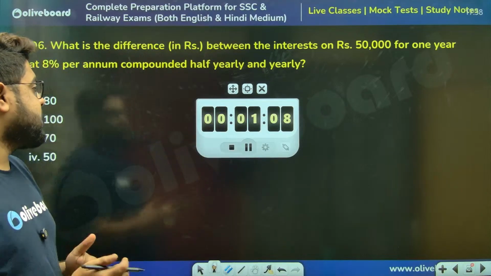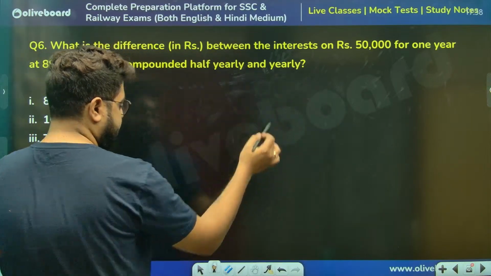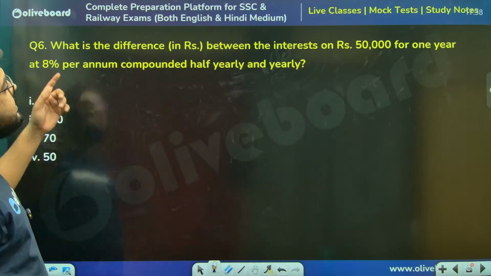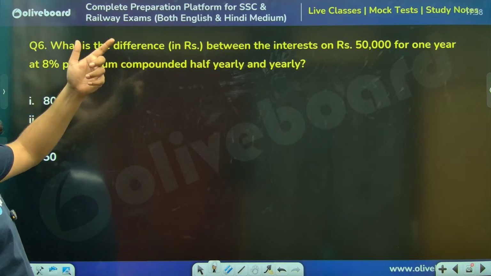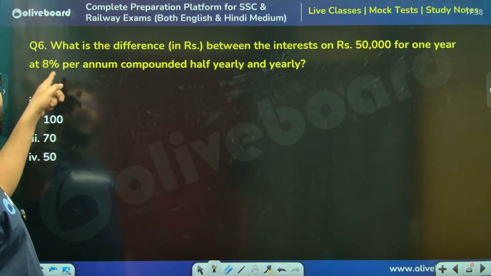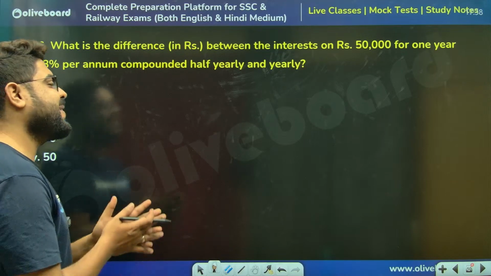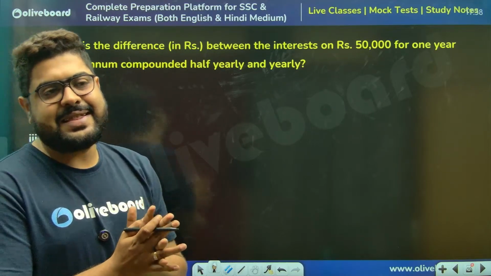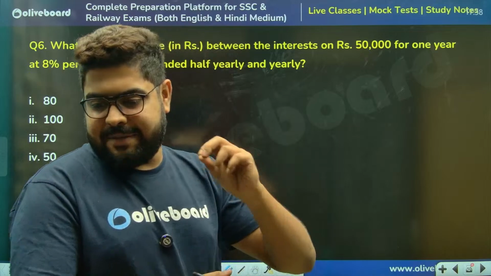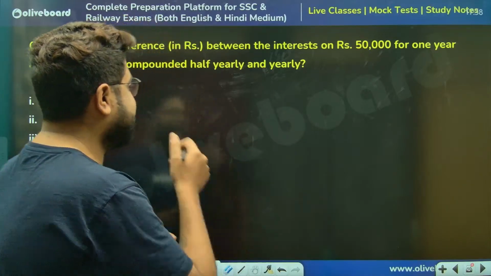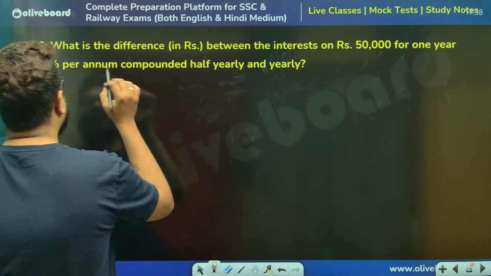Chalo, sir. Now, what is the difference between the interest on 50,000 for 1 year at 8% per annum, half yearly and yearly? This is actually a very simple question. Please understand, sir.